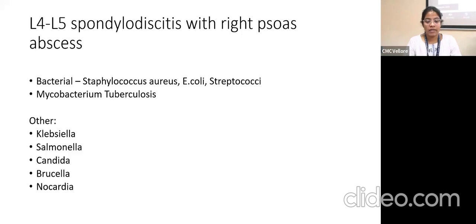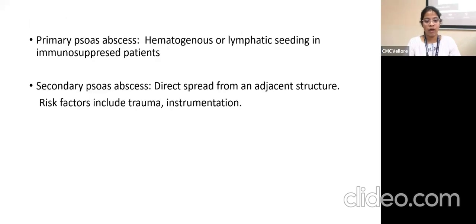Sometimes even Mycobacterium tuberculosis, in places like India where TB is more predominant, we can also see Mycobacterium tuberculosis causing a right psoas cold abscess. Other rare entities that have been reported in a few countries are Klebsiella, Salmonella, Candida, Brucella, and Nocardia.